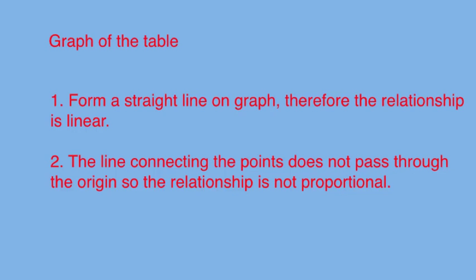The other thing that we need to check for is if the points, when the line is connected, pass through the origin. So we have a straight line on the graph, so we know it's a linear relationship, but now we're looking to see, does that line pass through the origin, which is (0, 0)? If it does, we have a proportional linear relationship. If it doesn't, then it's not a proportional relationship.